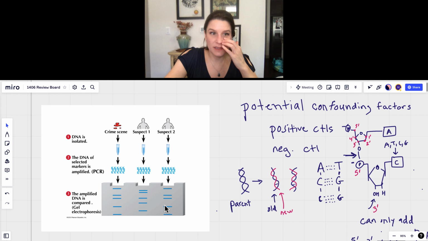Like big A, little a. So really it's 26 different fragment possibilities. Then you compare those with different profiles and you can match up who's who. Because 26 is enough to make everybody have a different combination in the world, except for identical twins. Everybody else has different combinations, which is how you make a genetic profile.